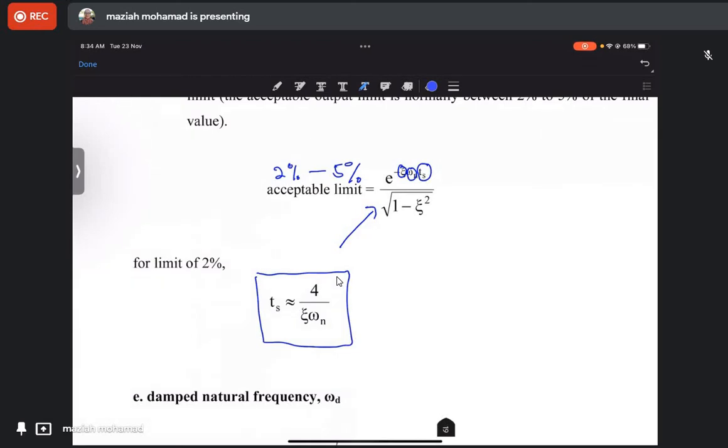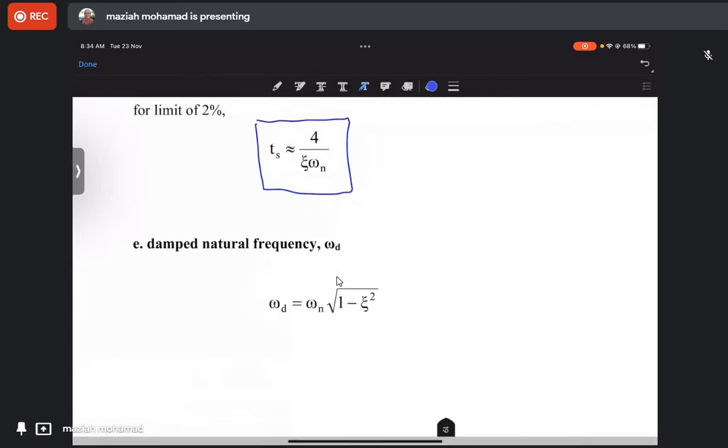In case of a test or final, if it's not mentioned whether it is 2%, 3%, or 5%, just straight away use the 2% equation. And this is the damped natural frequency, omega d.